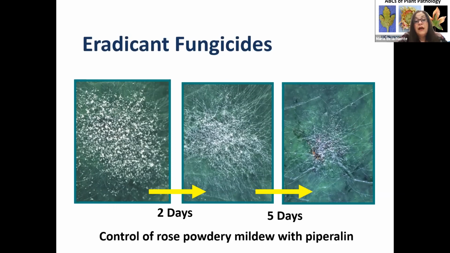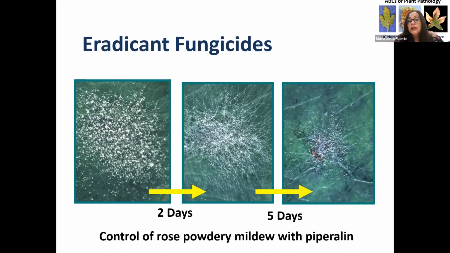And this is what happened in 2 days: I apply here, and then in 2 days, I can see the spores are dying. And in 5 days, all the mycelia on the surface of the plant is also dying. So I stop the spreading of the disease. If I had taken a picture 10 days later, you would still see a spot in your plant. You can still see that this is necrotic tissue because those cells already died. But at least you stop the dissemination or the spreading of the disease.